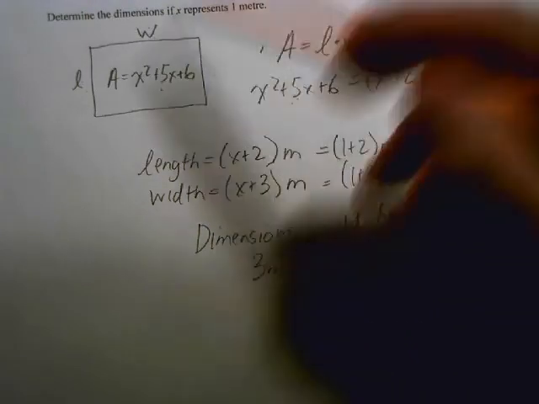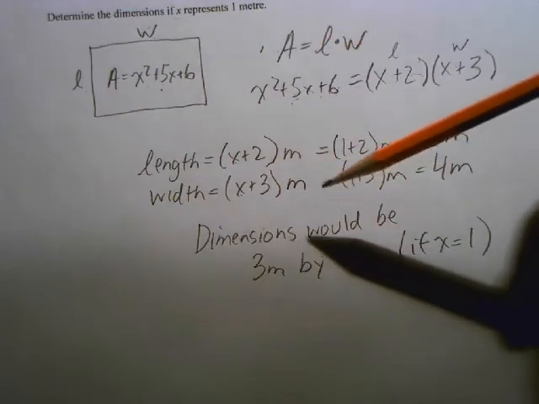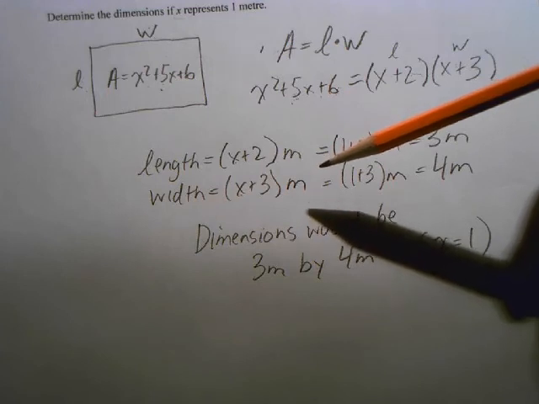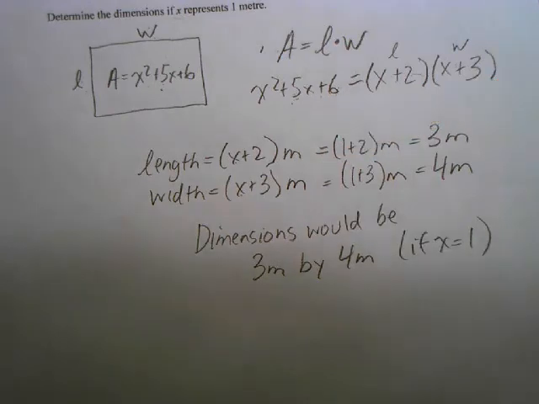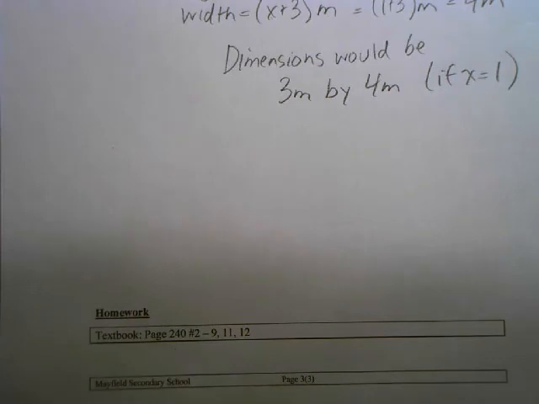Like I said, you might see one of these application questions to do with factoring, but most of the questions you're going to see when you're tested on the first unit are going to be a bunch of factoring questions. Find the factors. There's some questions down here from your textbook. I really want you to try as many as you need to feel good about knowing how to do this.